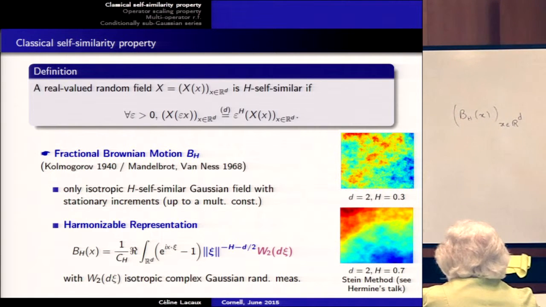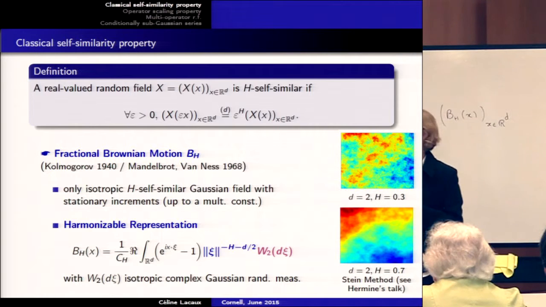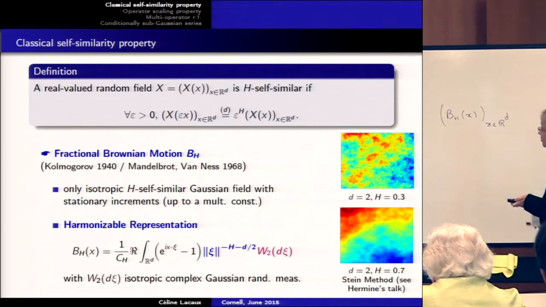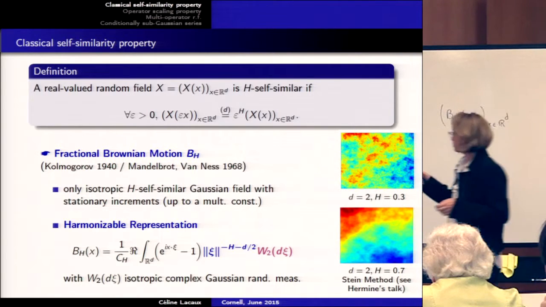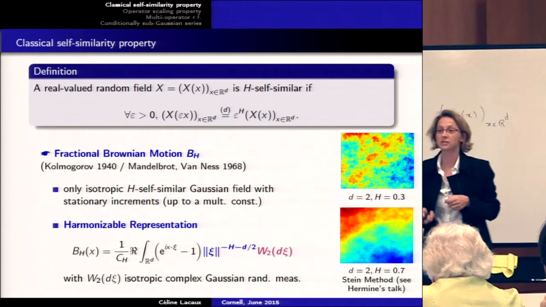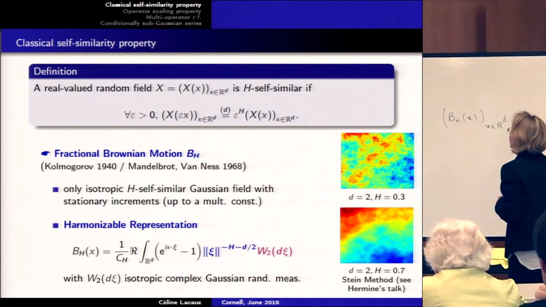I do not give the covariance, but if you want it, you replace in David's slide the absolute value by the Euclidean norm. Here you have two simulations done by the Stein method, and Hermine will talk about this in our talk.